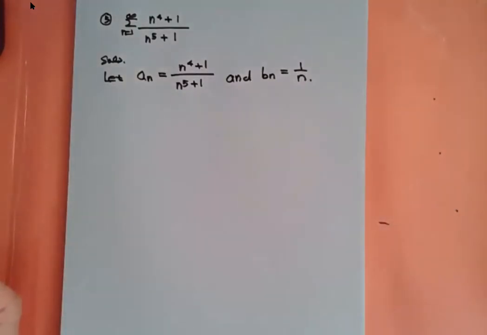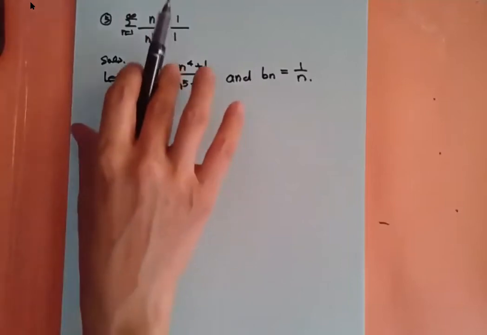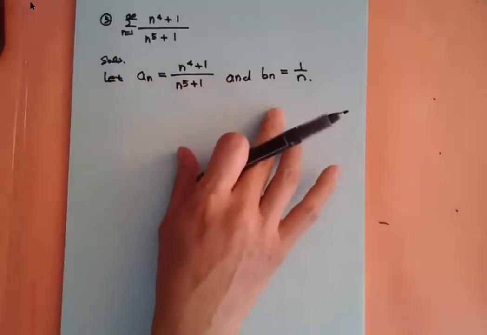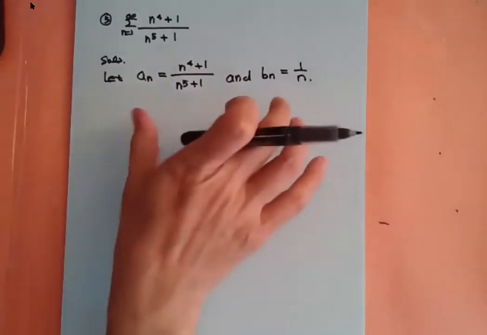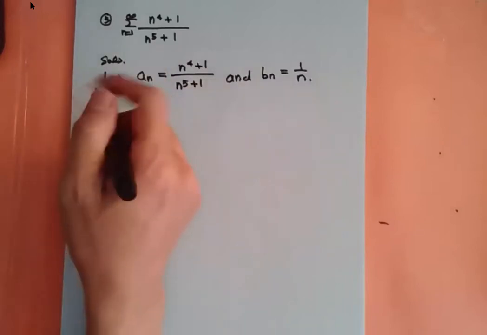And so what we can imagine is when we think about the ratio between an and bn, the limit will approach 1. And then that means both converge or both diverge.